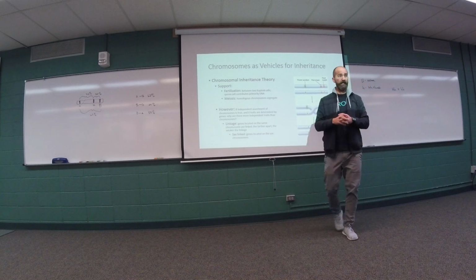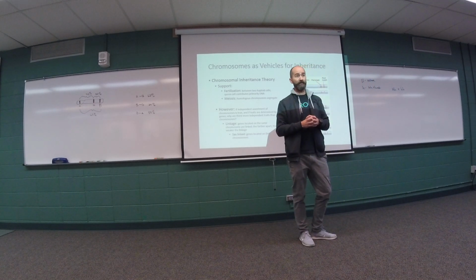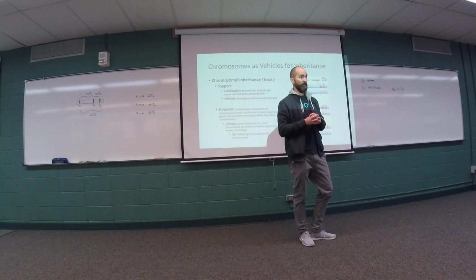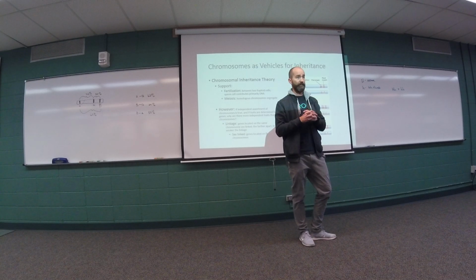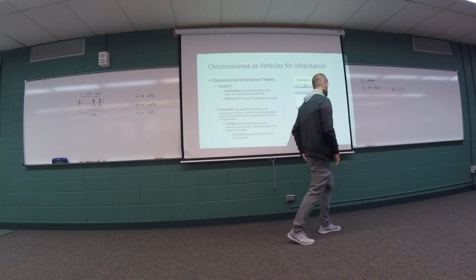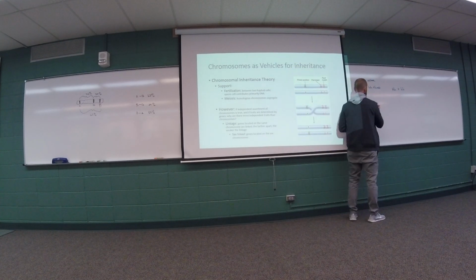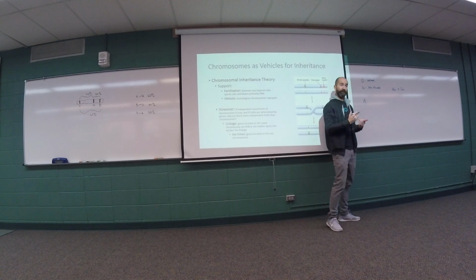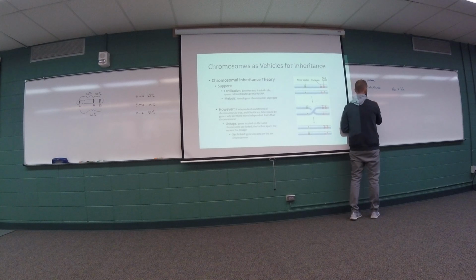Individuals that express this kind of dwarfism are actually heterozygous, because the homozygous dominant individual is a lethal combination, so those fetuses never actually develop. But the genetics look something like this, where for achondroplasia, this type of dwarfism, that's a dominant allele.